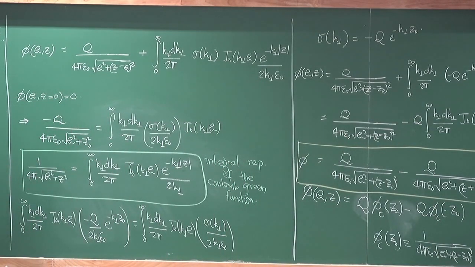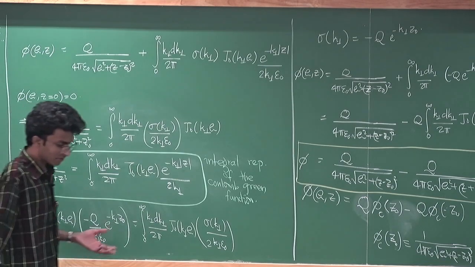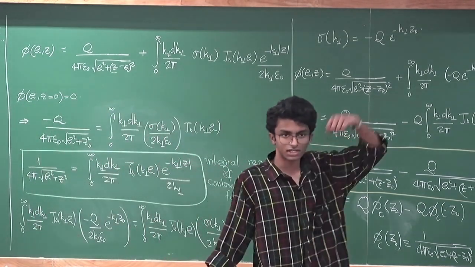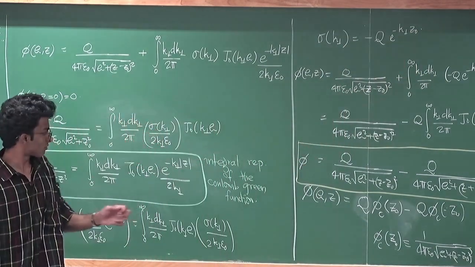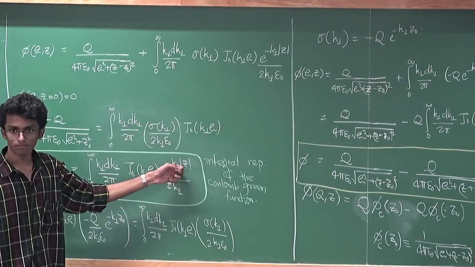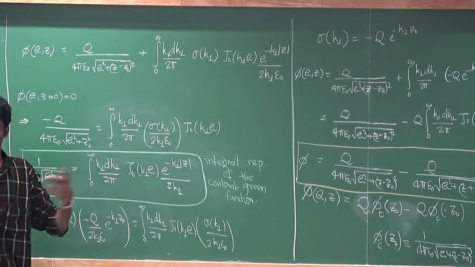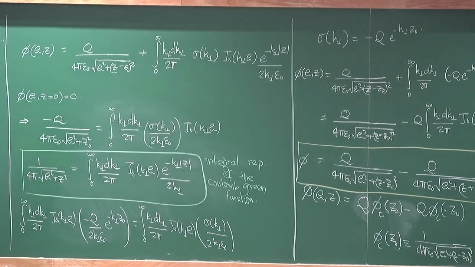Now, since this is a problem in which, as z goes to infinity and minus infinity, you want the potential to die away, you have to put in some exponential. That's the ansatz for the potential. You're solving the 3D Laplace equation, so you write phi equal to some function times an exponential. That function would have to solve the 2D eigenfunction equation of the Laplacian, with a negative eigenvalue.